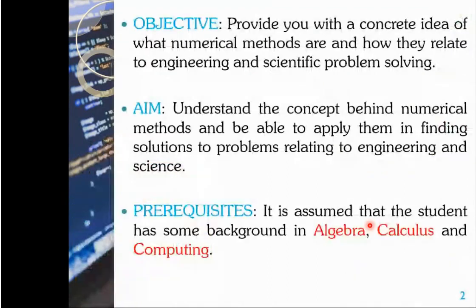So the objective of this whole course, numerical analysis, is to provide you with a concrete idea of how numerical methods relate to engineering and scientific problem solving. With this in mind, it is expected that at the end of the day, you should be able to apply numerical methods in the field of work.